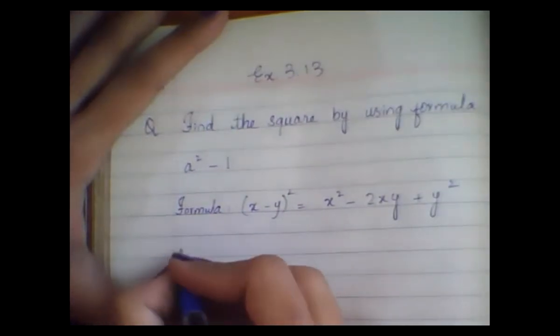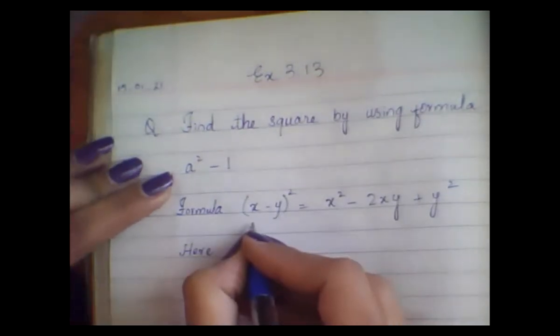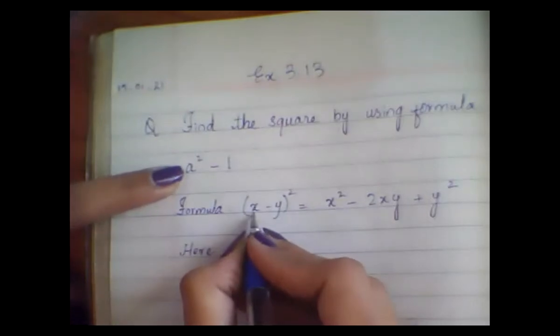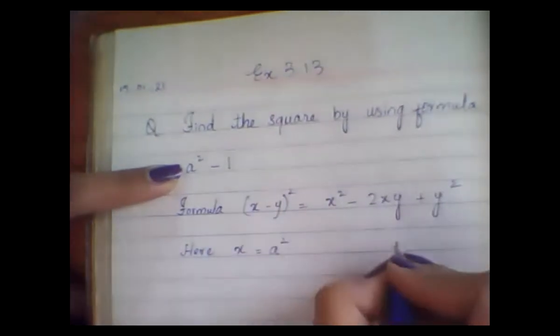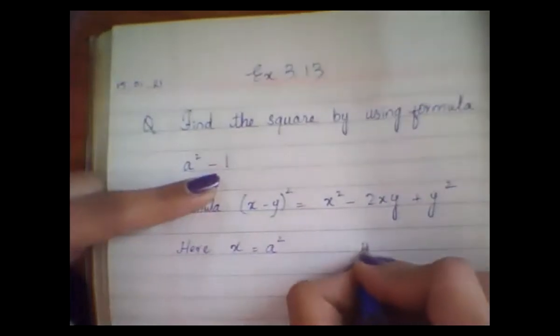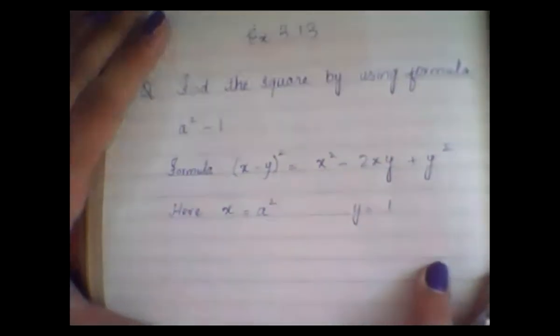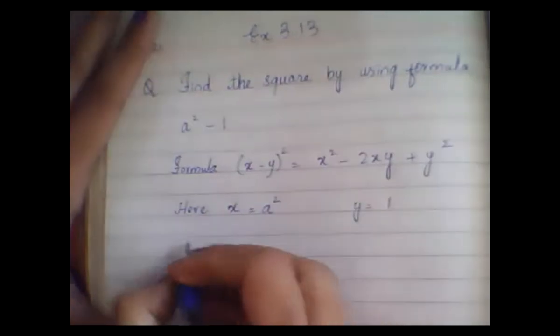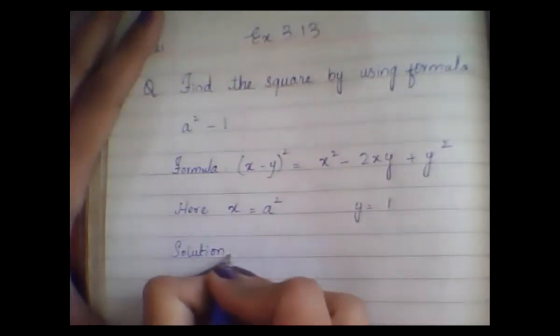Now, according to our formula and our question, here x is equal to a square, so I can write x is equal to a square and y is equal to 1 only. Don't write the minus sign. y is equal to 1 only. Clear? Now let's come to the solution.